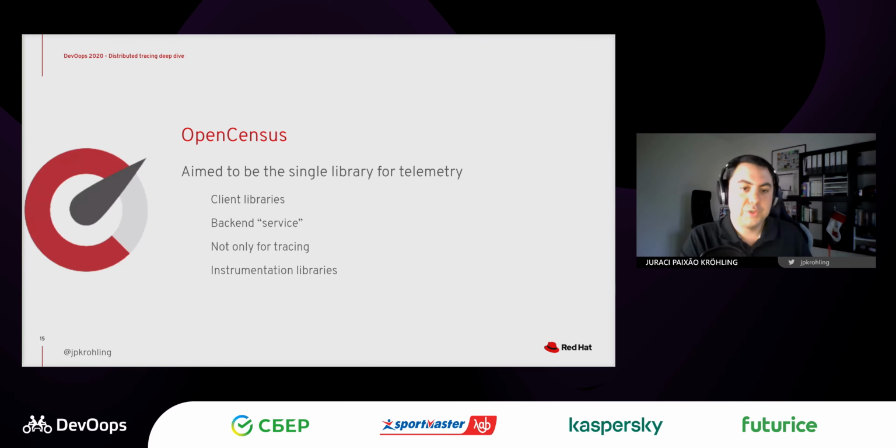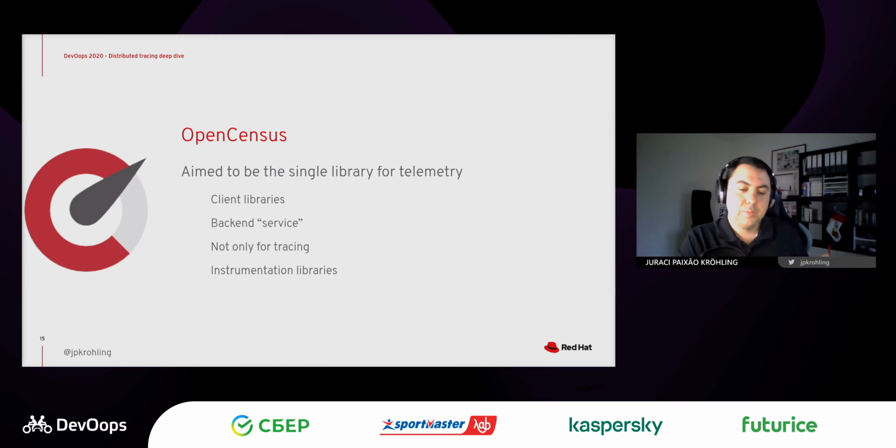Now, the second project that we have to talk about is OpenCensus. So OpenCensus was a project that aimed to be the single library for telemetry signals. One of the deliverables was a set of client libraries. So most of the popular languages had a client library provided by OpenCensus. So again, Java, Go, Python, Ruby, and so on and so forth.